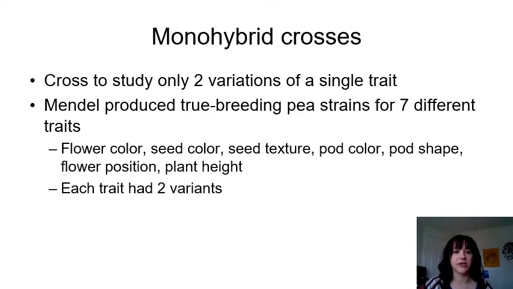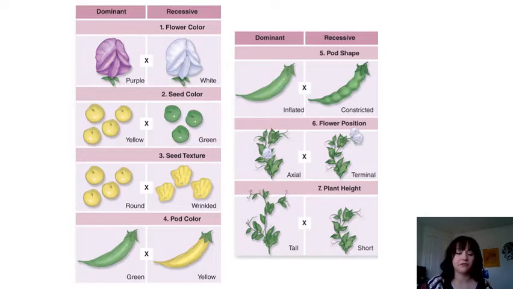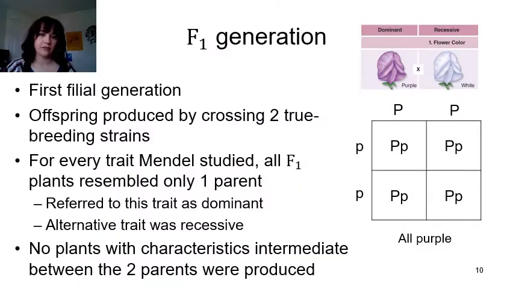And he had these true breeding strains that he could use and cross. So here's some of those examples that I was talking about. We've got seed texture, color, flower color, position of the flower, shape of the pod, right? You can see for each of these traits, there are 2 variants only. So again, we talked about how he had kind of these 3 steps.